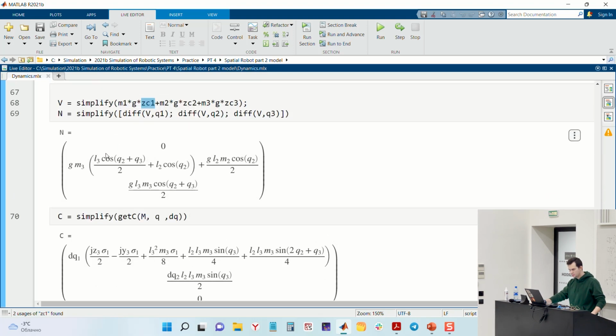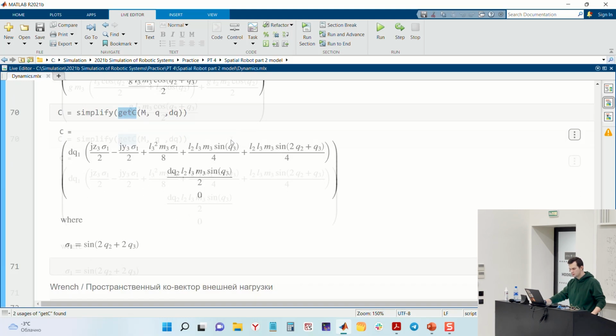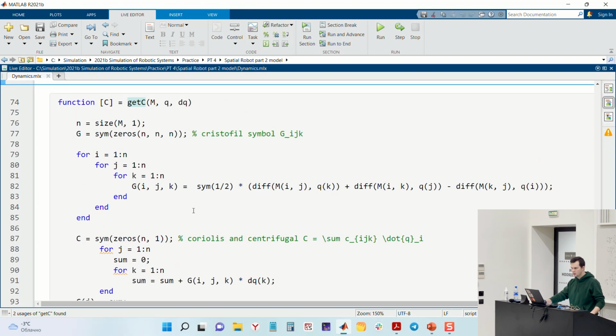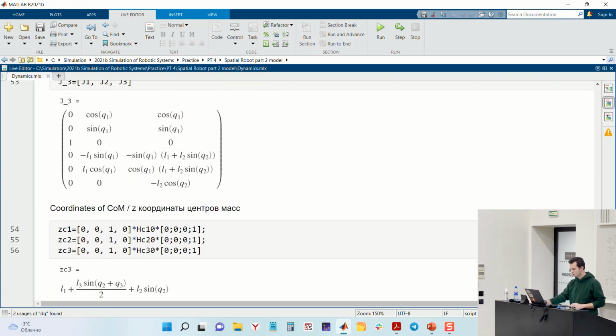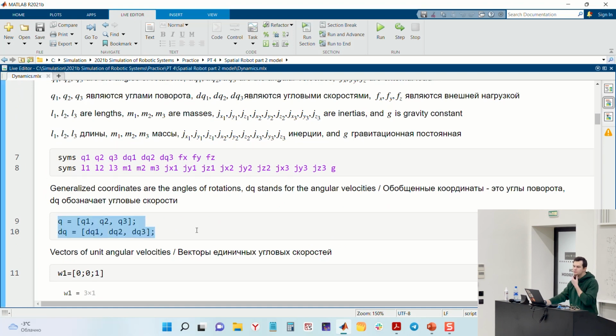In order to get c, I have this function get c, and it's right here. Get c is the function that computes the value for the vector c automatically if we have the matrix M, the vector of positions q, and dq, the vector of velocities.